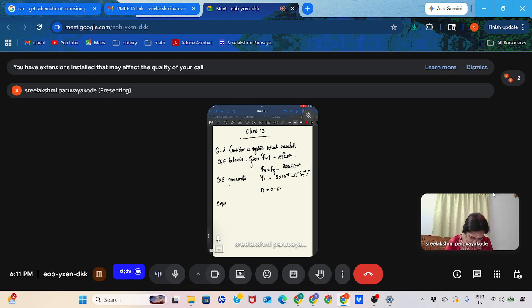The question is: equivalent capacitance as per the Brug and Mansfield formula is dash microfarad per centimeter square. You are supposed to get a value between 15 and 17.